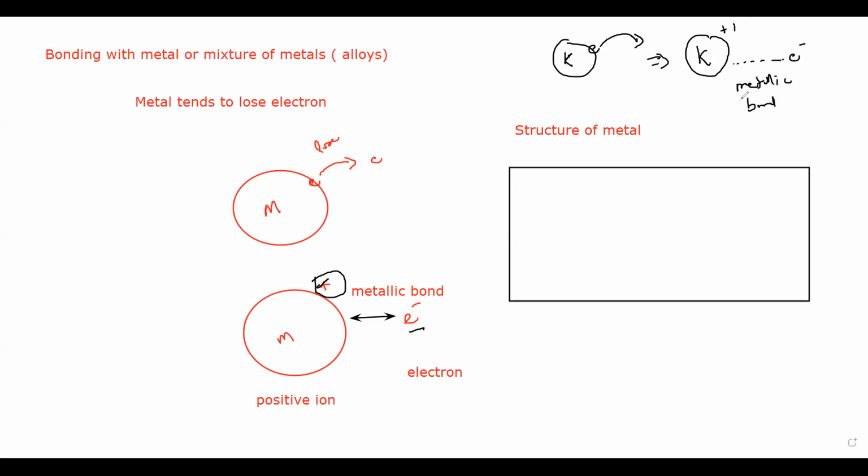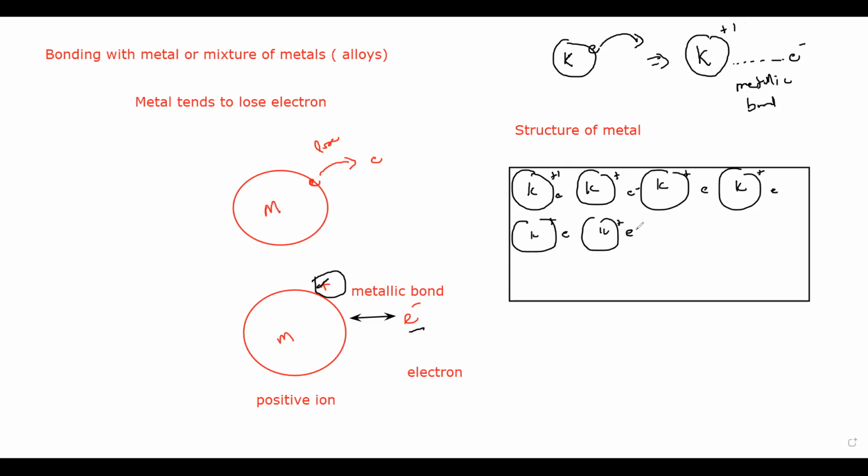But this has happened for one potassium, but we have millions or trillions of potassium. So what will be the structure? There will be one potassium, then electron will be there, then another potassium, electron will be there, then potassium, electron, potassium, electron. And this will continue.